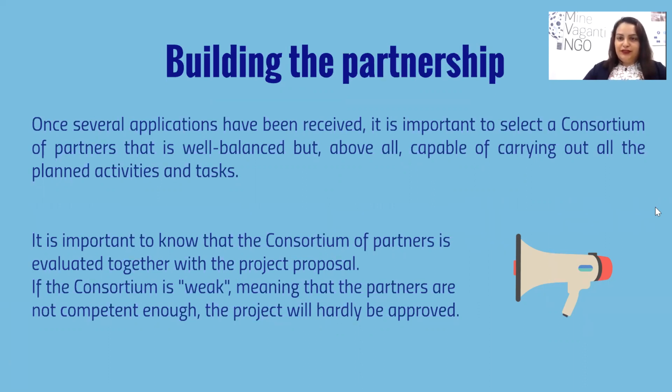So it's really important that you find entities that are really expert in the idea and topics that you're addressing through your project. Because of course, if the consortium of partners is not evaluated as competent enough to implement that project idea, the proposal will not be approved.